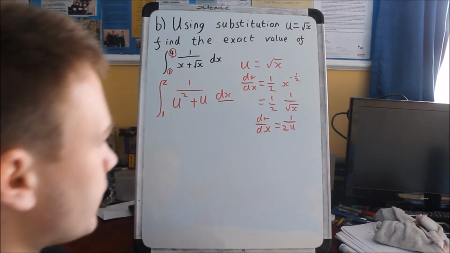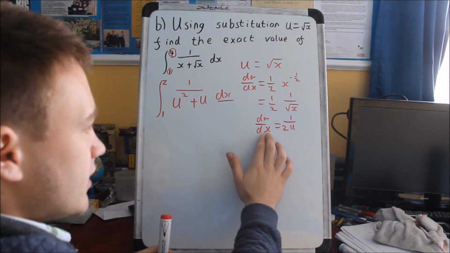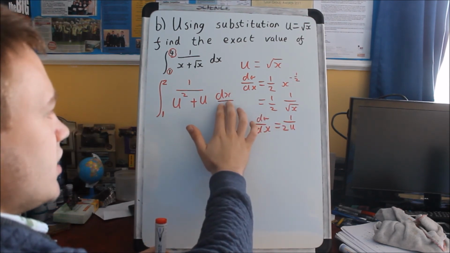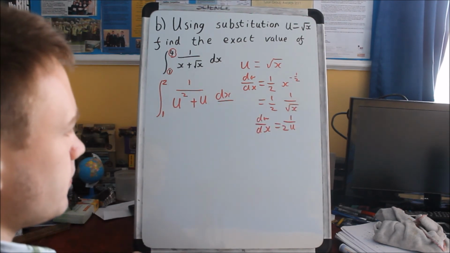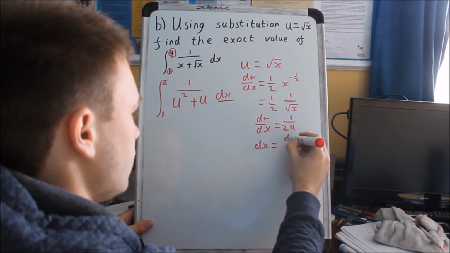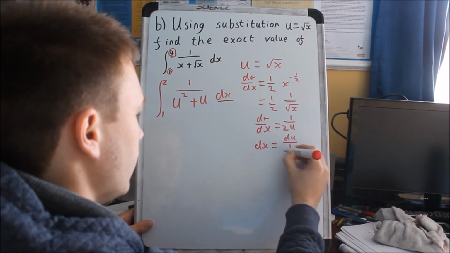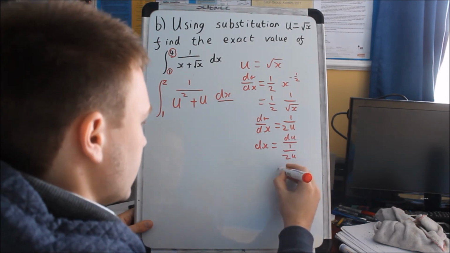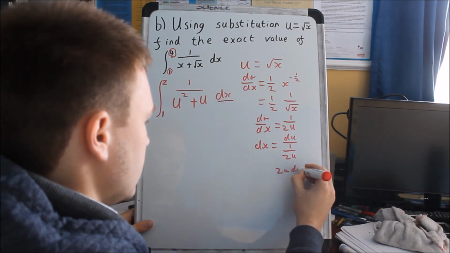So we've got that. And we want to rearrange it to get dx, so we can exchange this dx for it in terms of du. So dx equals du over 1 over 2u, which is just 2u du.